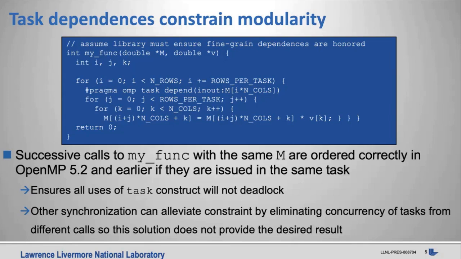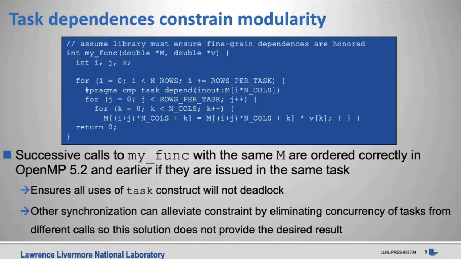Now, if you pass in the same array, you should actually be able to execute tasks from different calls to myfunc concurrently, because you're guaranteed through the dependencies that they're going to be ordered across separate calls by those dependencies.